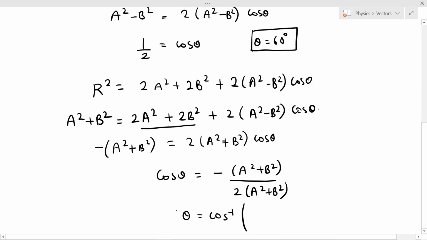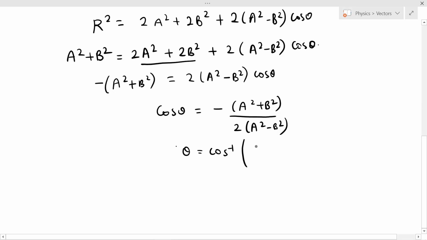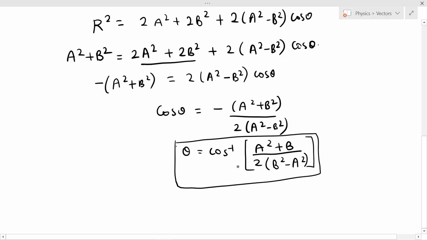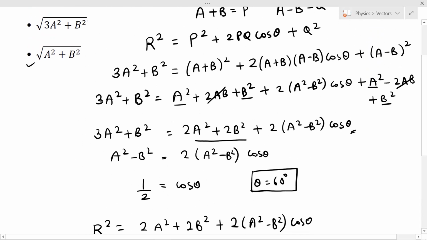It is A square minus B square over here, so theta becomes cos inverse of A square plus B square over, and let's absorb this minus sign in this denominator, so this becomes 2 times B square minus A square. Let me put square brackets. So this is your theta between the two forces A plus B and A minus B when the resultant force is square root of A square plus B square.